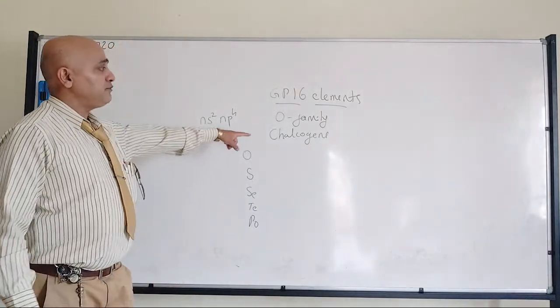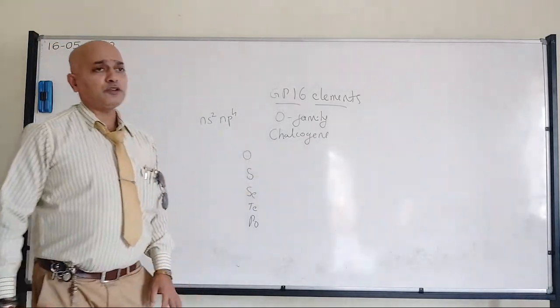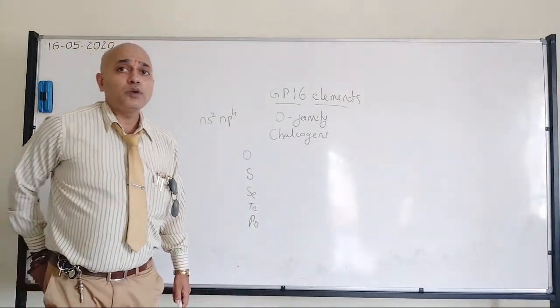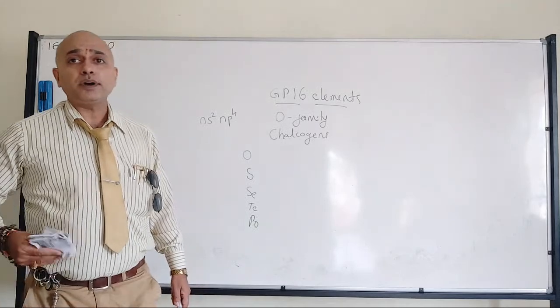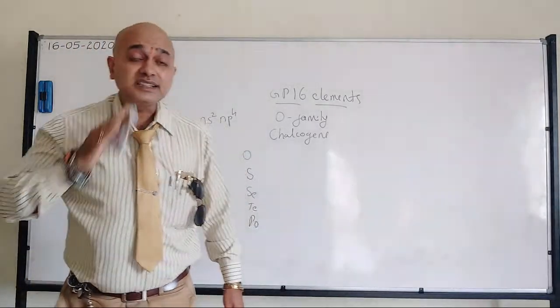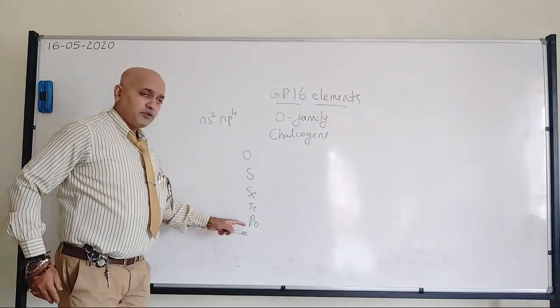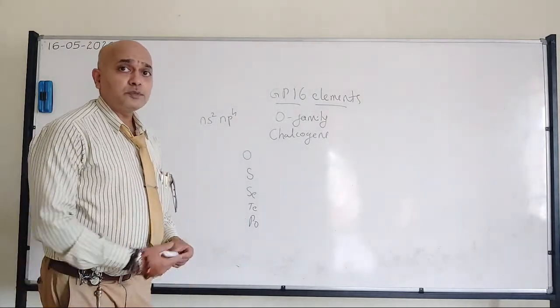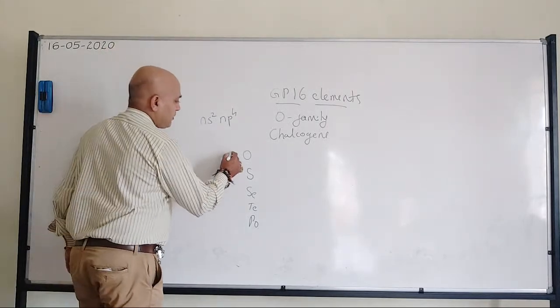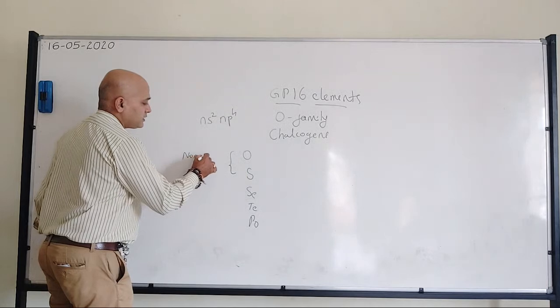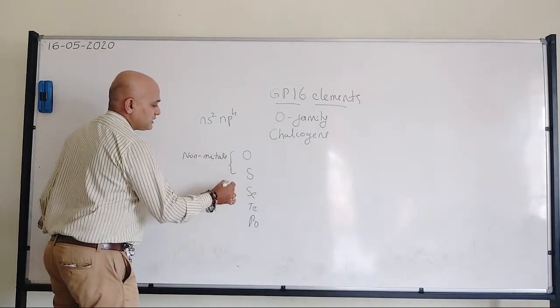What is the other name for group 16 elements? Chalcogens. Why are they called chalcogens? Because some of their ores are in combination with copper. So that's why they are called chalcogens. Now oxygen, sulfur, selenium, tellurium, polonium: these are group 16 elements. Among these, oxygen and sulfur are non-metals.